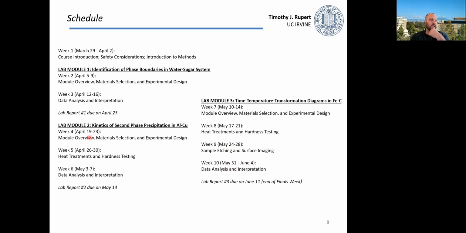When we're talking about introducing the module and what material we selected and why and how we designed our experiment, that's the perfect stuff that goes into your introduction and your method section. So sections 1 and 2 can be done early on in the lab module. And then as you get your data, you start to plug that in. So your data might be plugged in week 5 here. And then finally, you do your discussion, analysis, sort of revisit what assumptions you made early on and have that full discussion. So think of it as we're going to iterate through that process a little bit at a time so it's manageable.